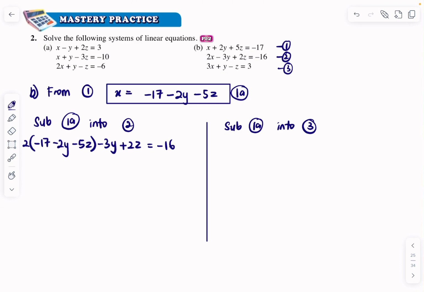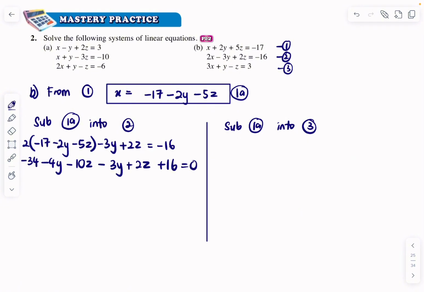Okay, then we expand. So this will give us negative 34 minus 4y minus 10z minus 3y plus 2z.